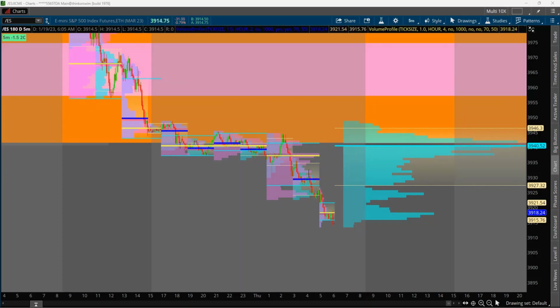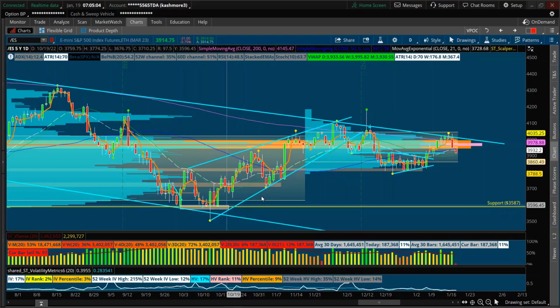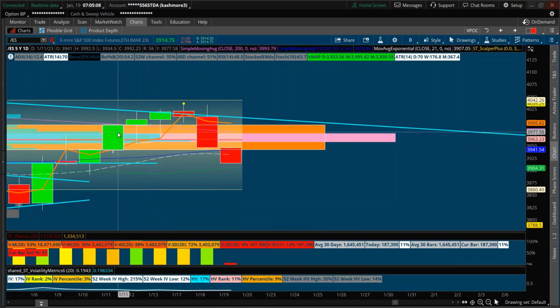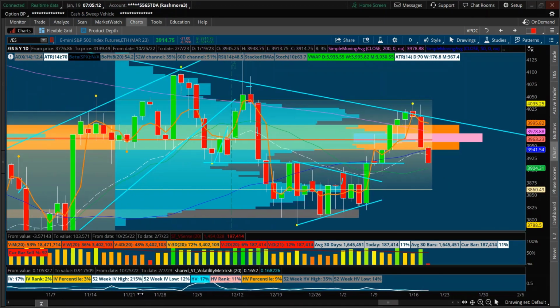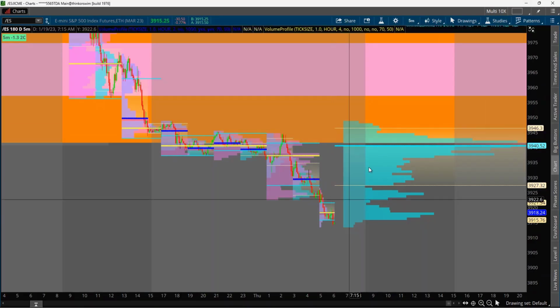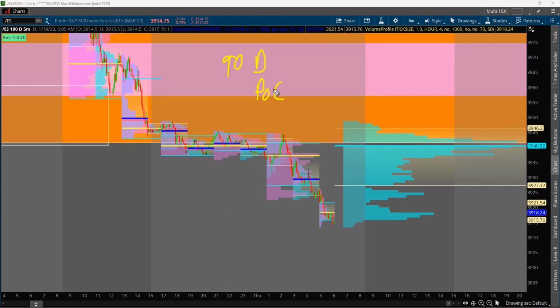Just for a quick recap, it is this area. I made it pink right here near where this blue is, the very middle part of this HVA, and then the orange is just the big value area of the HVA, so you're aware of what you're looking at when you get down to this microscopic level. So this is the 90-day POC.